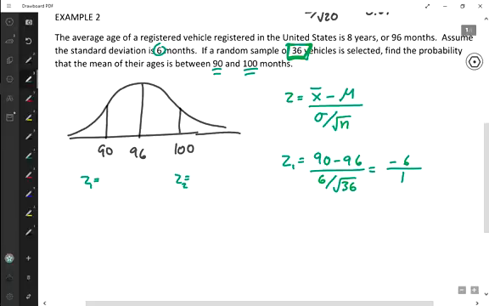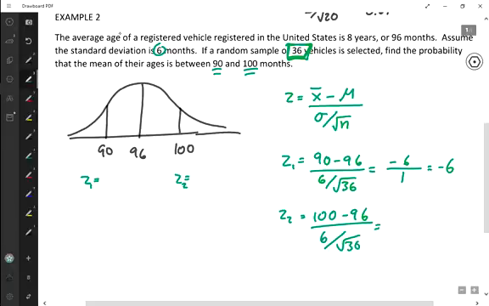So that gives us a negative 6. Next is z2. z2 is equal to 100 minus 96 divided by 6 over the square root of 36.